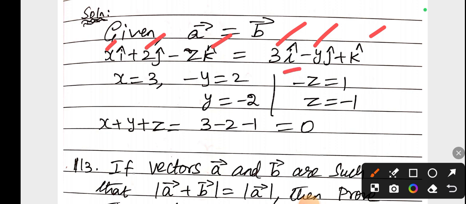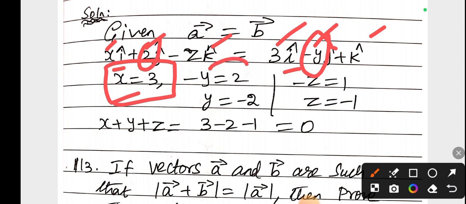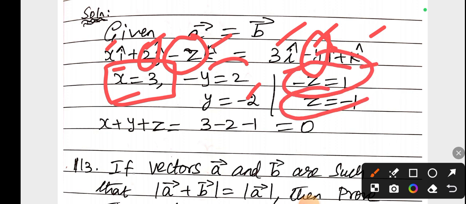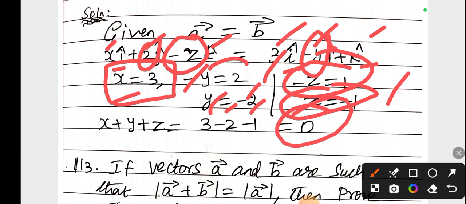The i cap coefficient here is 3, here x, so x equals 3. The j cap coefficient here is minus y, here it is 2, so minus y is 2, y equals minus 2. Here the k cap coefficient is minus z, here it is 1, so minus z is 1, z is minus 1. So we got 3, minus 2, minus 1. So x plus y plus z is 3 minus 2 minus 1, and we got the value 0.